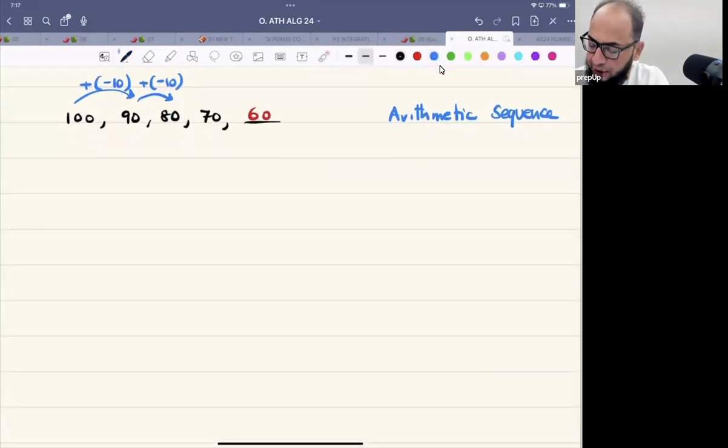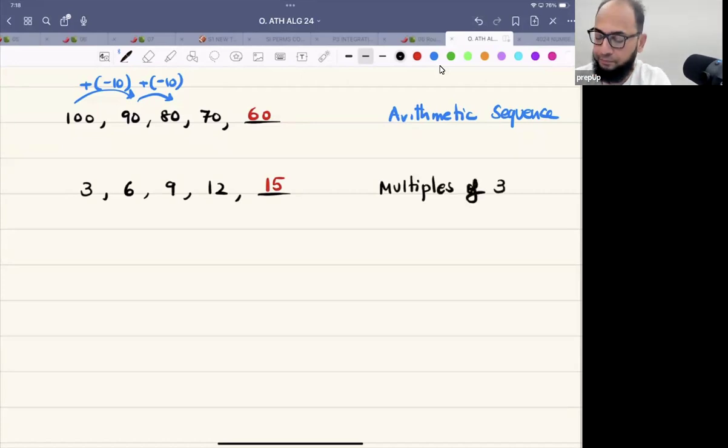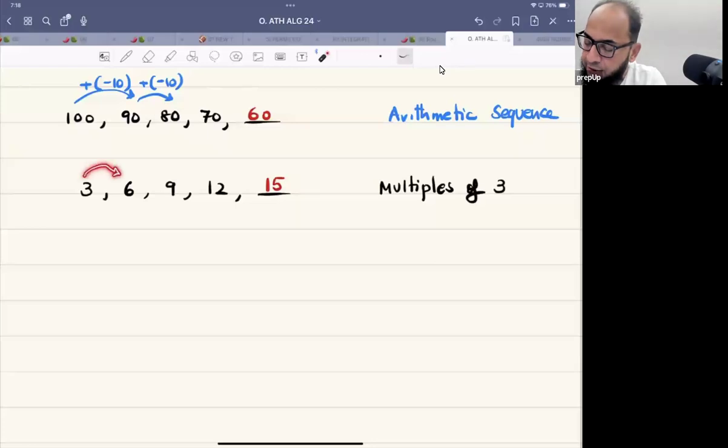Let me choose a sequence. And this time, let me focus on multiples. So 3 ones are 3, so let me write the 3 first. This is 3, this is 6, this is 9, this is 12, the next one, that is 15. So now this is multiples of 3. So this is like this. 3 plus 3 is 6, 6 plus 3 is 9, 9 plus 3 is 12, 12 plus 3 is 15.